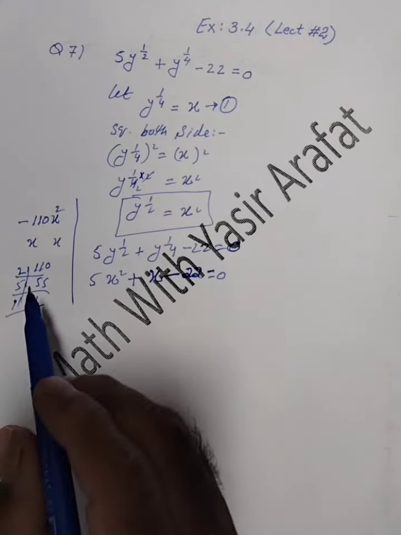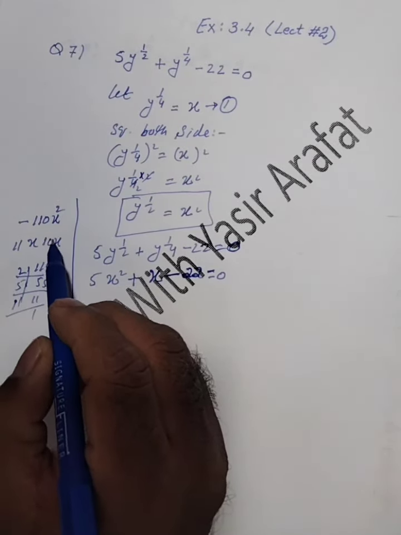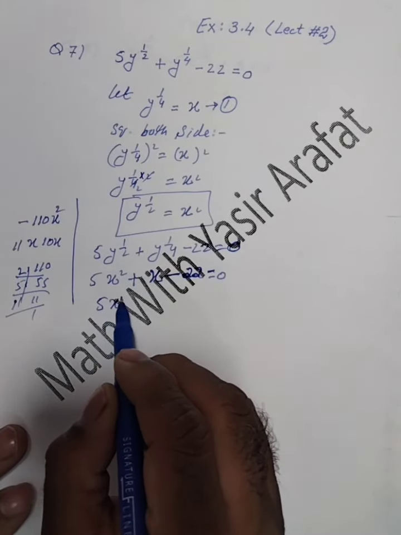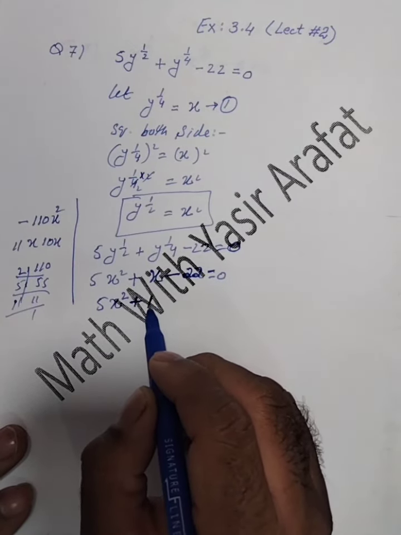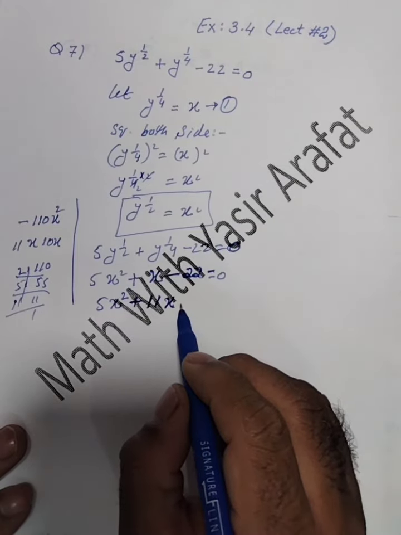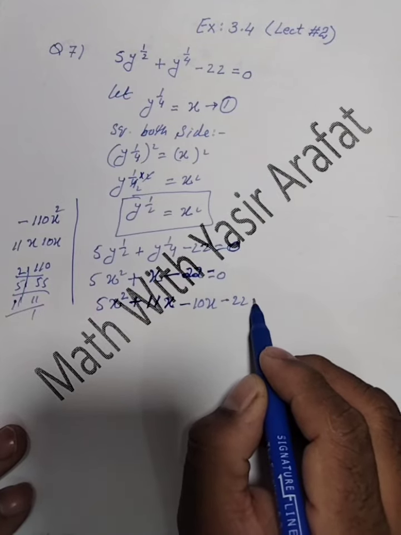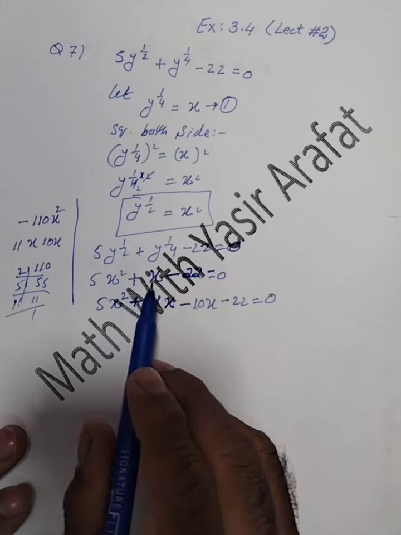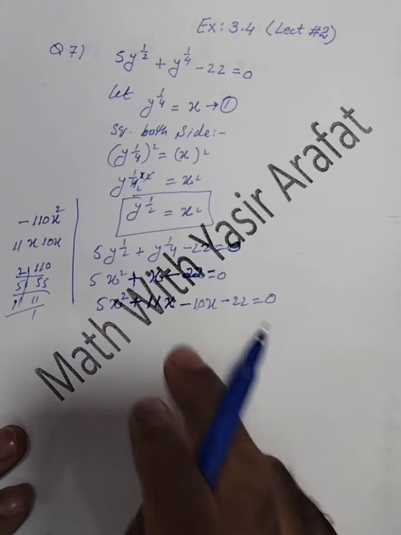So what will be the factors here? 5 twos are 10 and 11 ones are 11, so this is 11 and 2. Here the factors are 5x square plus 11x minus 10x minus 22 equals 0. 11 minus 10 is plus x. This is the procedure of how we break the middle term.